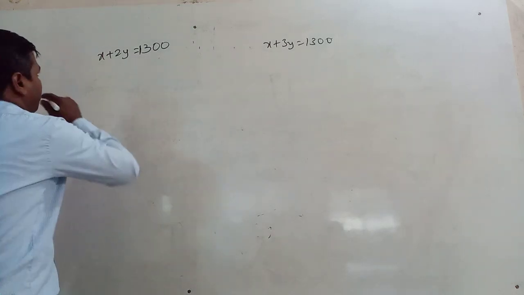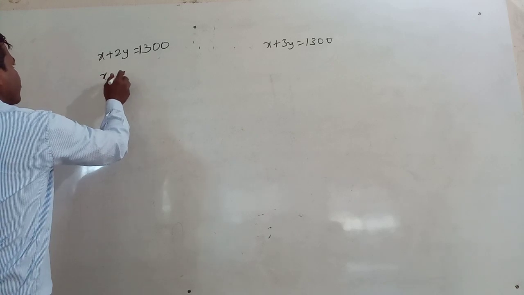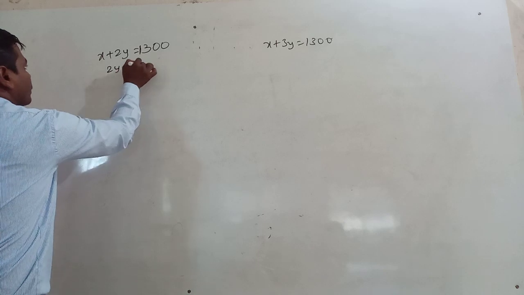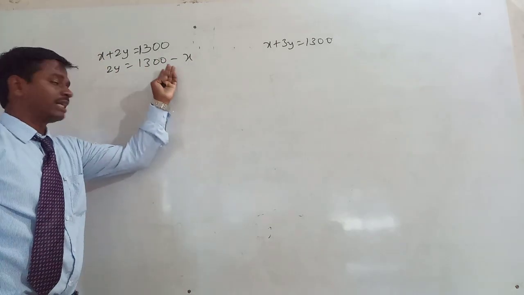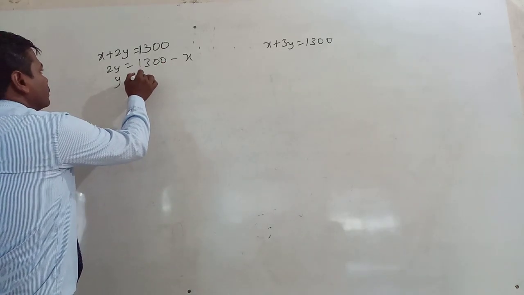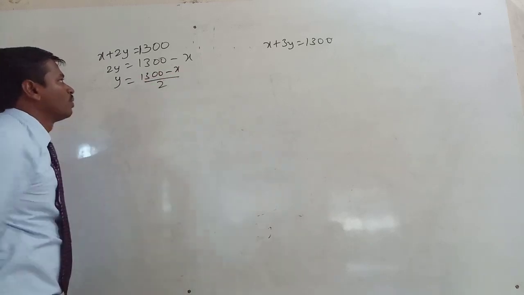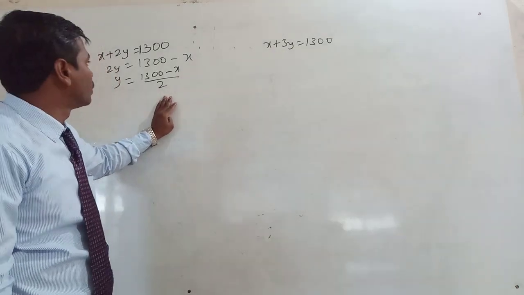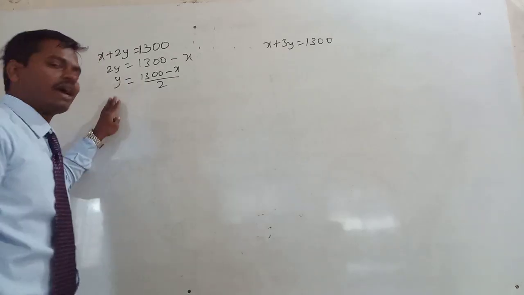First case: 2y equal to 1300 minus x, so y equal to 1300 minus x divided by 2. This is the final form, representing the equation in terms of y.